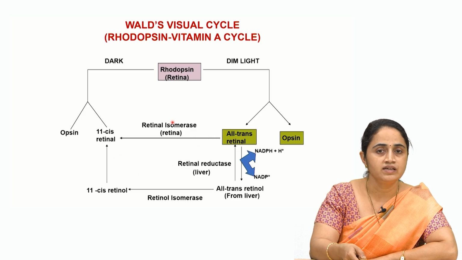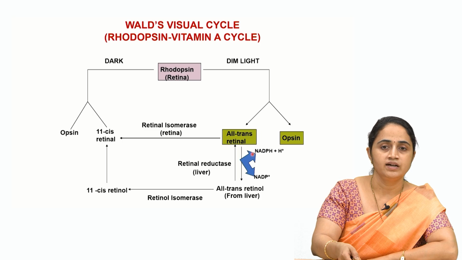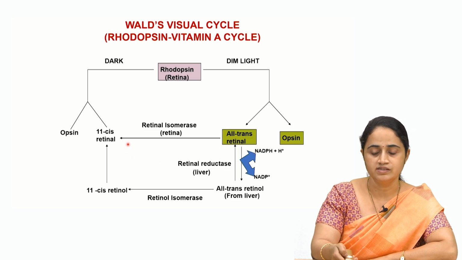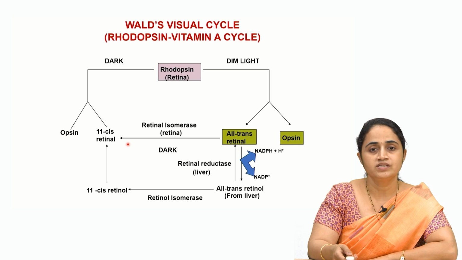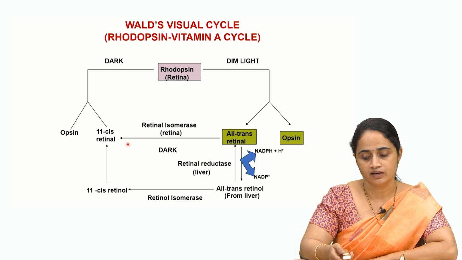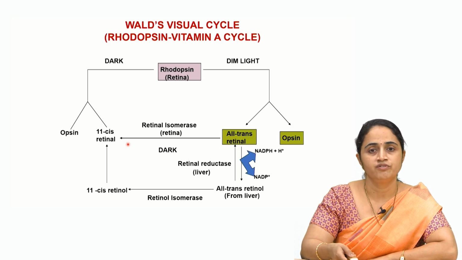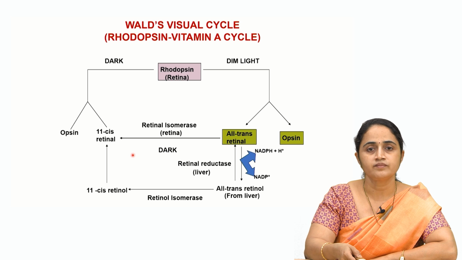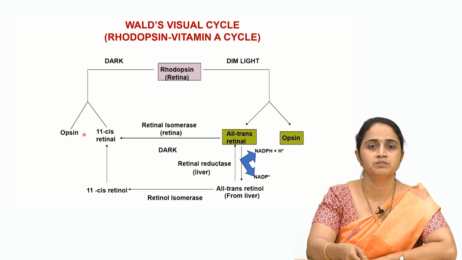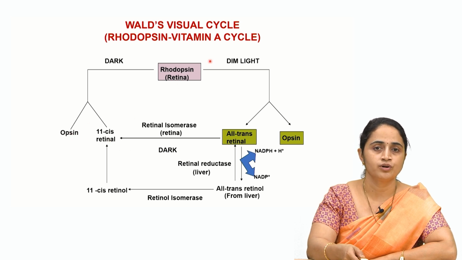Since this is an inefficient conversion, the all trans retinal goes into the liver and it is converted back to 11-cis retinal. This happens again during the dark. The regeneration of 11-cis retinal, which can combine with opsin to form rhodopsin, happens in the dark, and this is responsible for the visual cycle.